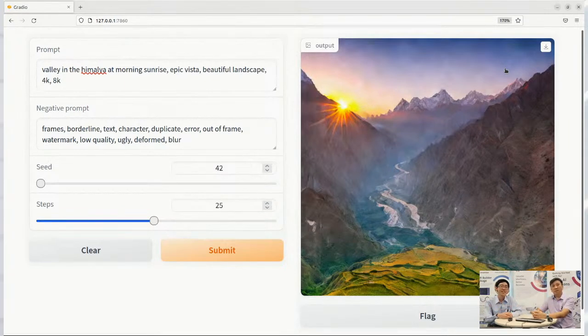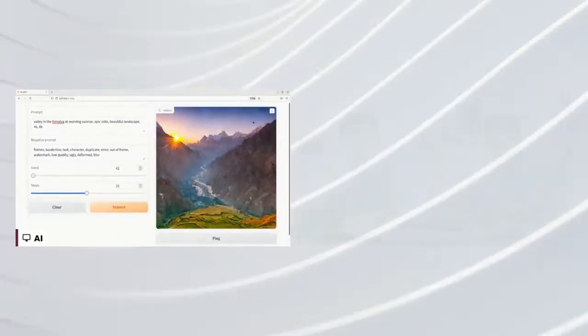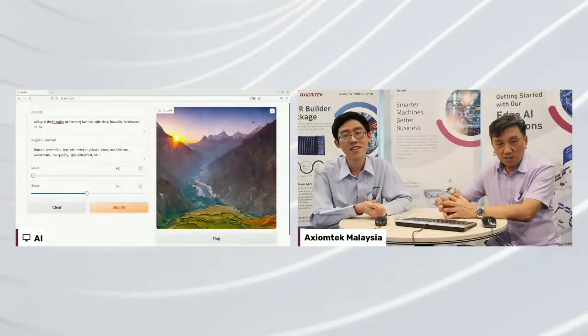As you know, last week we talked about YOLO. YOLO is an object detection model.